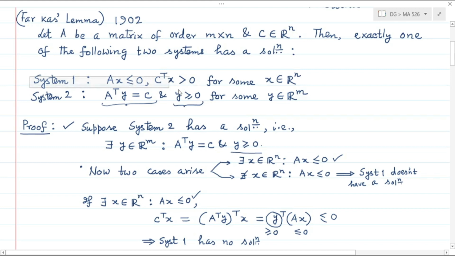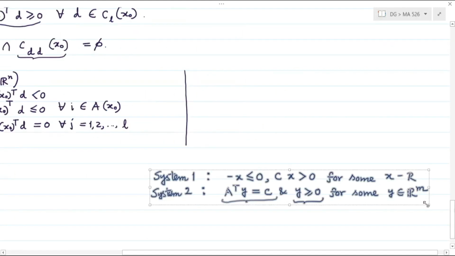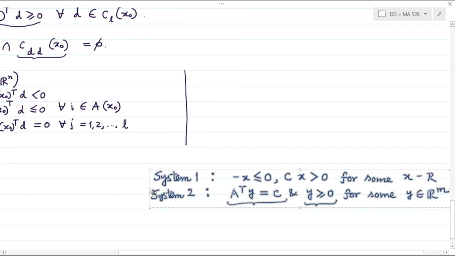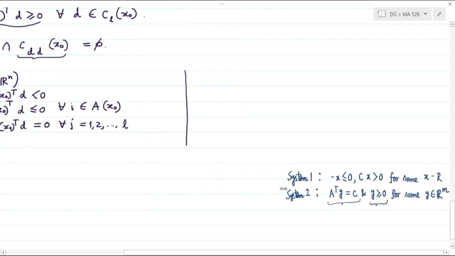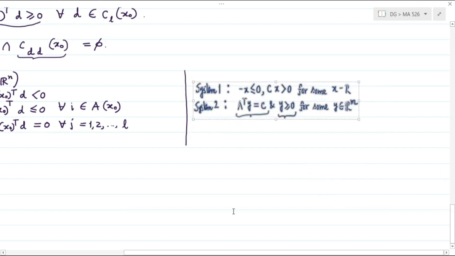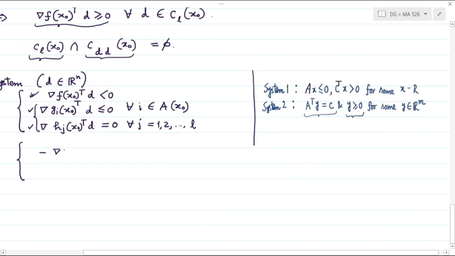Let me copy it and paste it over here. This is your Farkas lemma. Now here let me write grad of f x naught transpose for c transpose x greater than 0, and for Ad less than or equal to 0 you have the following. We note that we have an inequality here, and there are equalities.